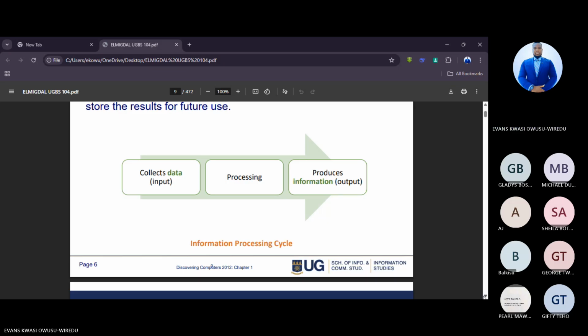Very important. All right, so it collects data, processes, and produces the output, or information. So notice how the data transforms to become information. You see, when it is raw, when you give me those data and come and say, Kinky, this one, I'll say, hey, these things are too raw.